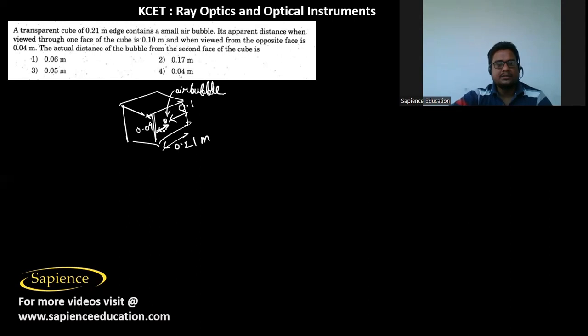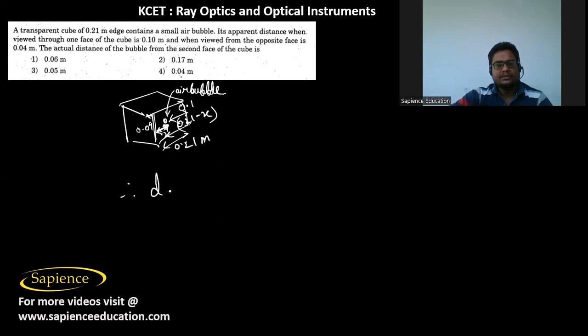It means what will this actual distance be? So let's say it is x, and from the other face it will be 0.21 minus x. So x is the actual distance of the bubble from the second face of the cube.